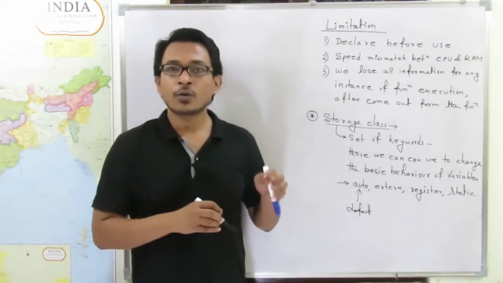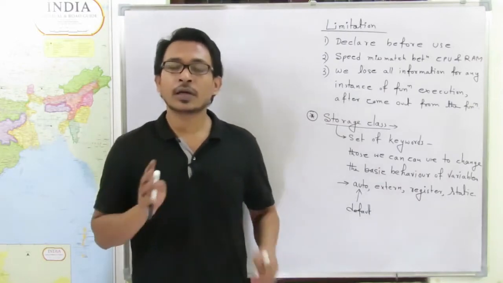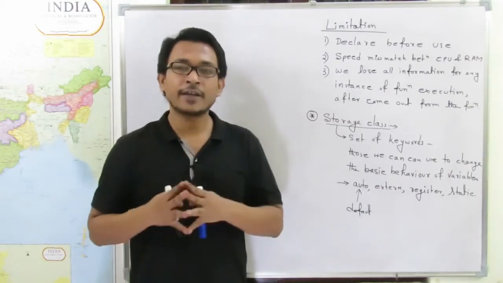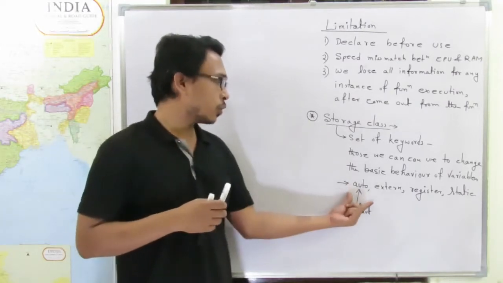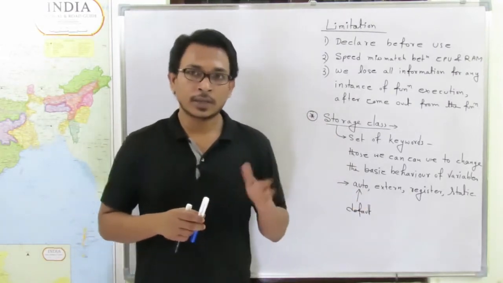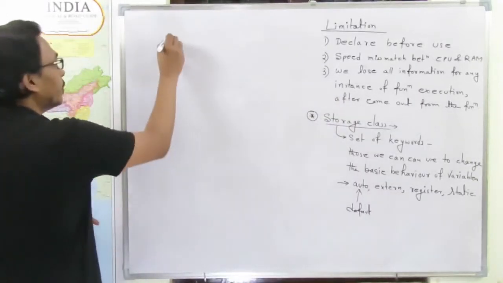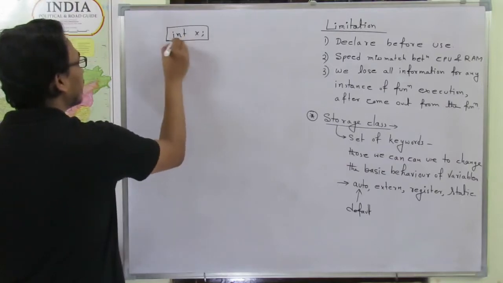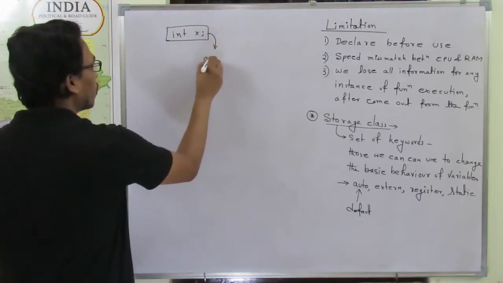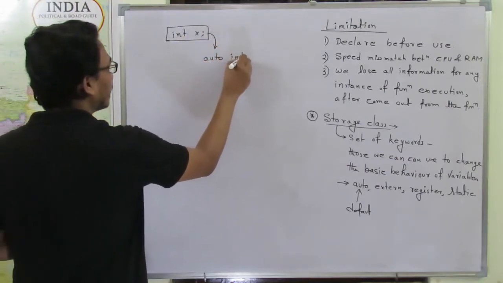That means till now, as we did not use any storage class for any variable declaration, the system internally uses auto as the storage class. That means when we use int x, at that time the system internally considers it as auto int x.